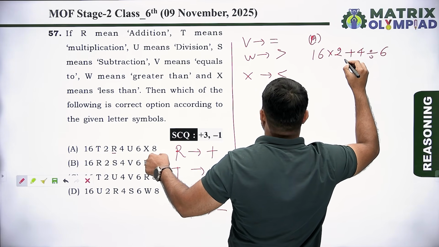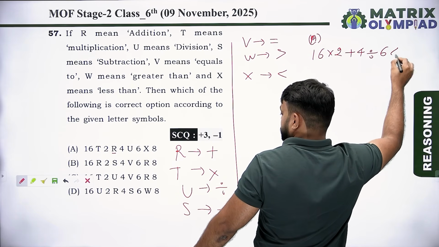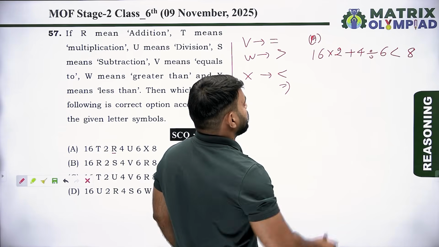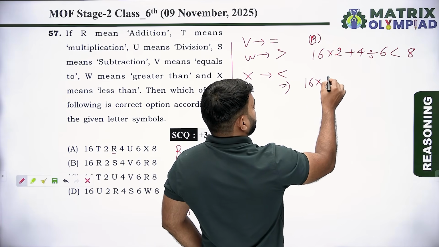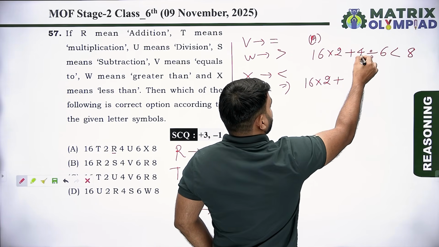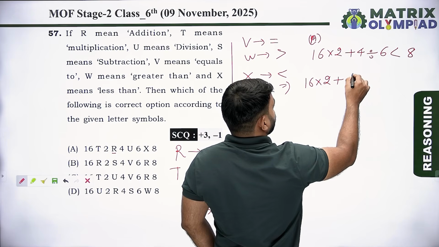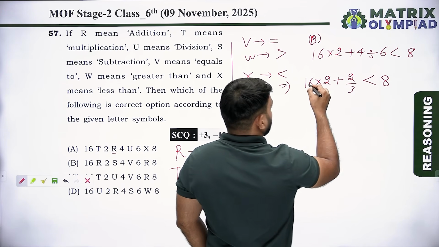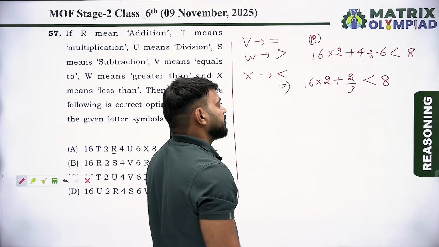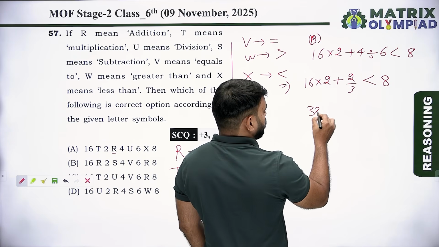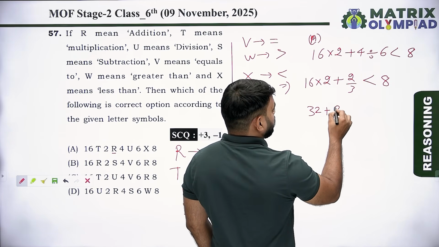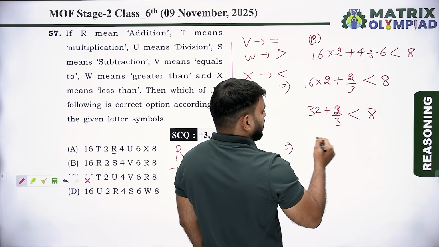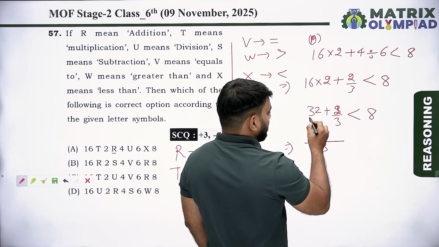Now X means less than to 8. Now using BODMAS rule, so 16 multiply by 2 plus 4 divided by 6, it means 2 by 3, less than to 8. 16 multiply by 2, it means 32 plus 2 by 3, less than to 8. Now LCM is 3.